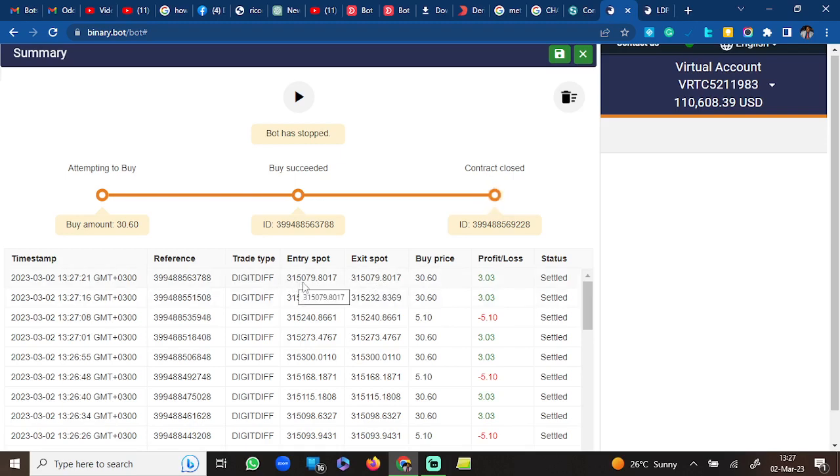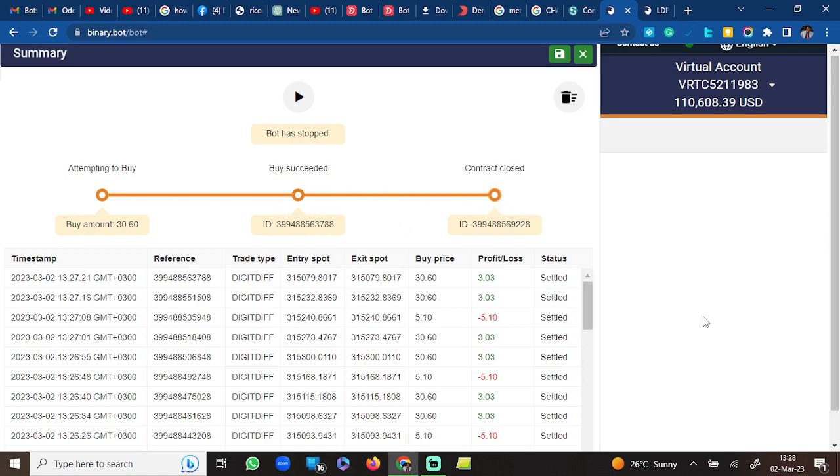You can check that, 150, you see, the same. So once you see here a number that is not one, you know that is a win. You can close while the bot is still in between buy succeeded and contract closed. Because if you wait for it to make another purchase, it will have to complete that purchase, whether you switch off your internet or what, it will give you the result. So always stop the bot when it's here.